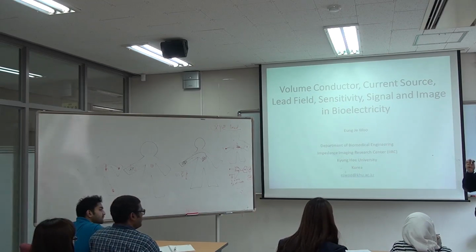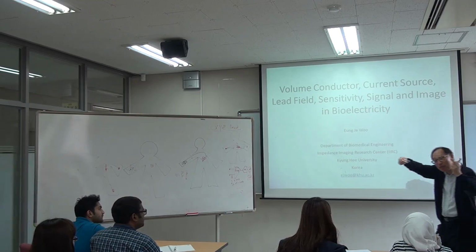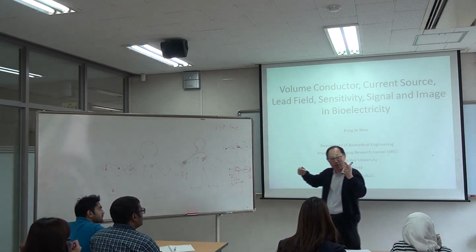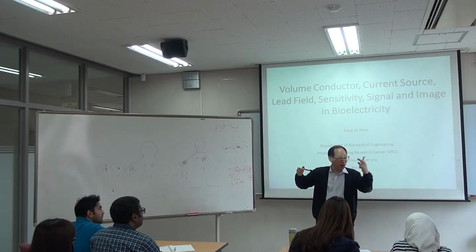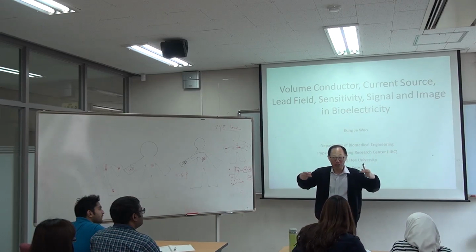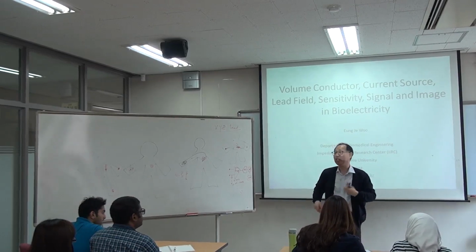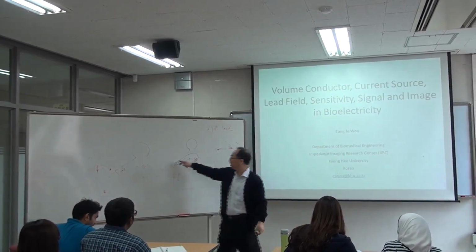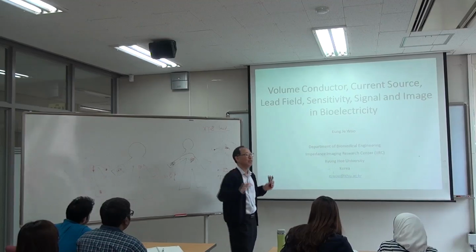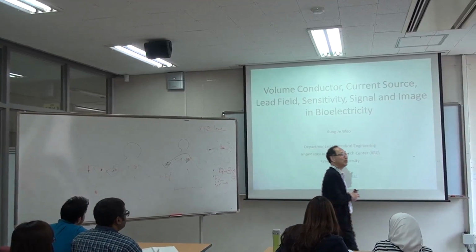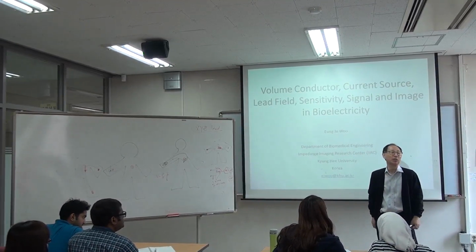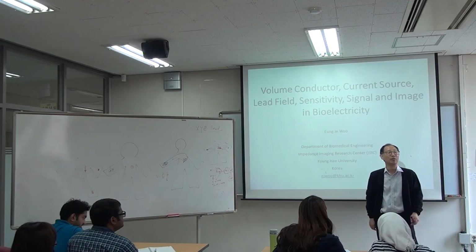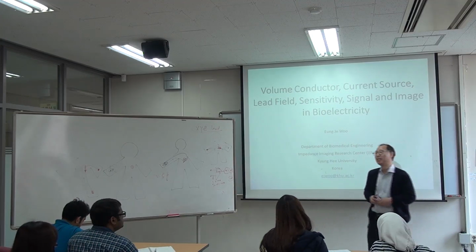And when we measure the voltage produced by this equivalent dipole source, we have to use at least one pair of electrodes attached somewhere. We can attach electrodes here or there, whatever. By attaching electrodes, what we are doing is we are trying to see the equivalent dipole moment, right? So what's the meaning of seeing?